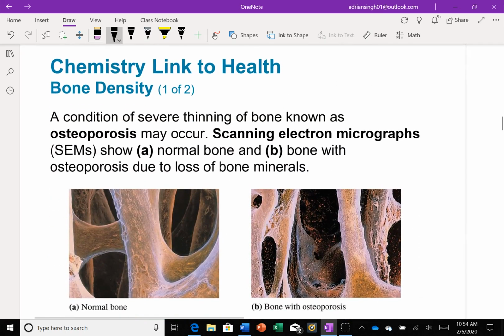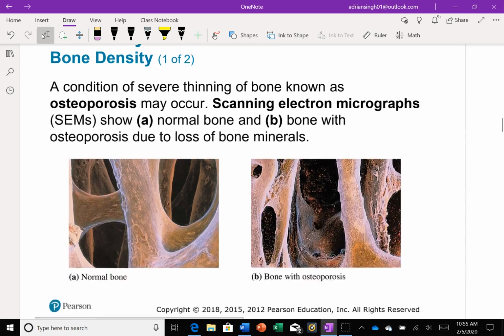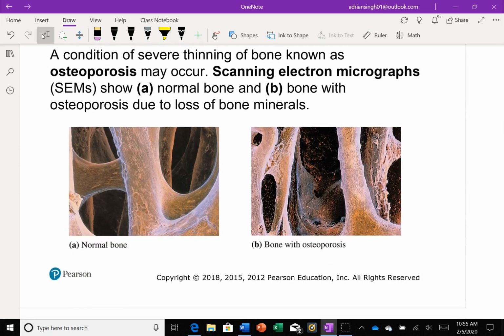So, you probably have heard the term density before, maybe in some detail, maybe not as much detail. Where this is linked to health. One instance where it's linked to health is in the condition known as osteoporosis, where there's the thinning of the bone, where the bone actually is less dense than it's supposed to be, and that's due to the loss of bone minerals, which ends up being a result of maybe diet or just environment.